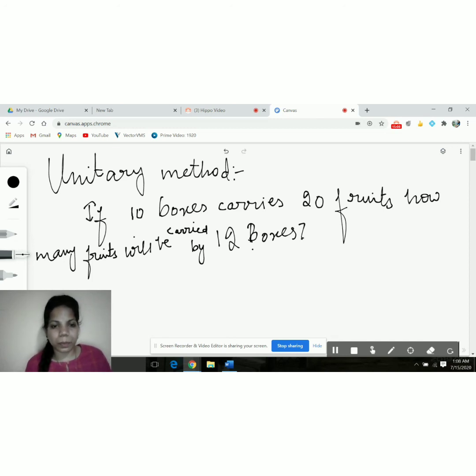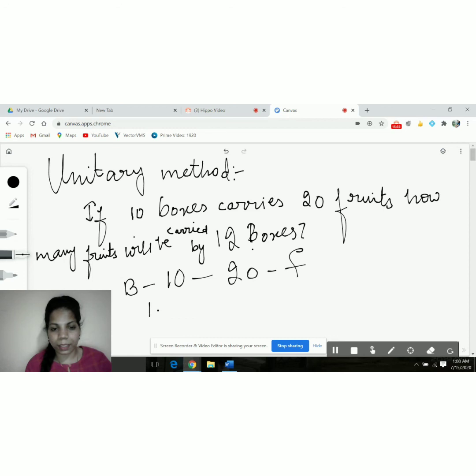So now what we will do is, the given information is 10 boxes carries 20 fruits. Now we have to find one box carries how many fruits.